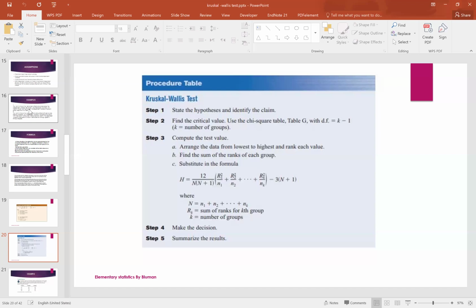Arrange the data from lowest to highest, rank each value, find the sum of ranks of each group, and substitute in the formula. The formula is H equals 12 over N times N plus 1, times R1 squared over N1, R2 squared over N2, plus Rk squared over Nk, minus 3 times N plus 1. In step 4, make the decision, and in step 5, summarize the results.